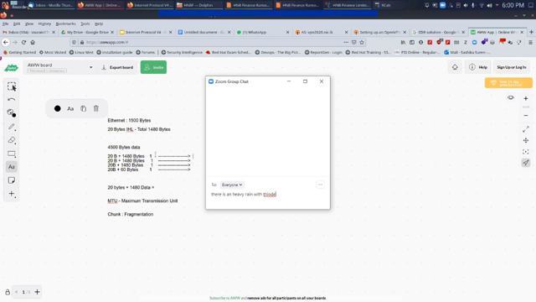In here, the D flag stands for do not fragment, and the M flag is more fragment.